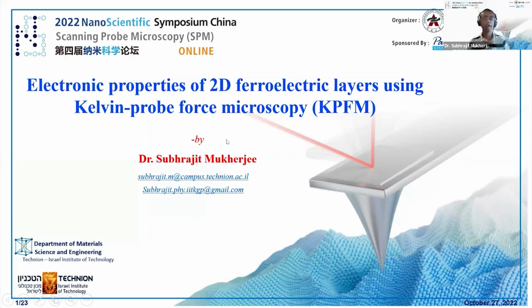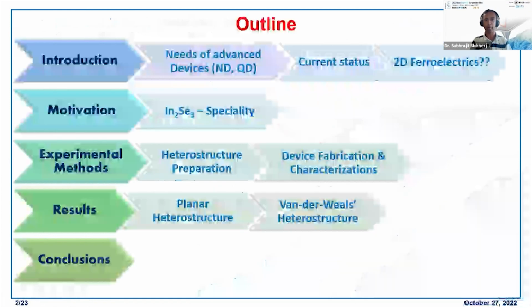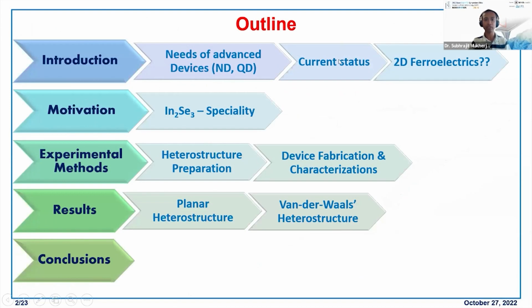So today I am going to talk about how we can evaluate the electronic properties of the 2D ferroelectric materials or the 2D ferroelectric based heterojunction using the Kelvin probe force microscopy. So here is the outline of my presentation.